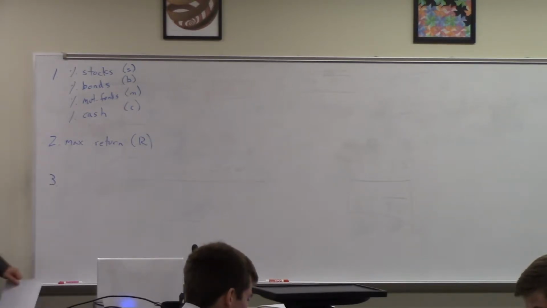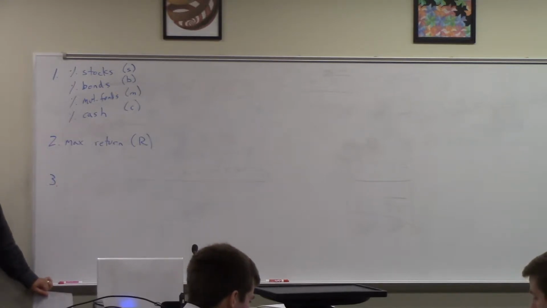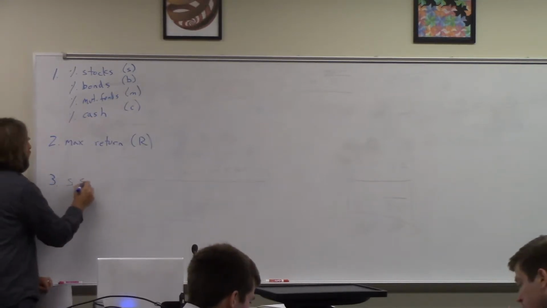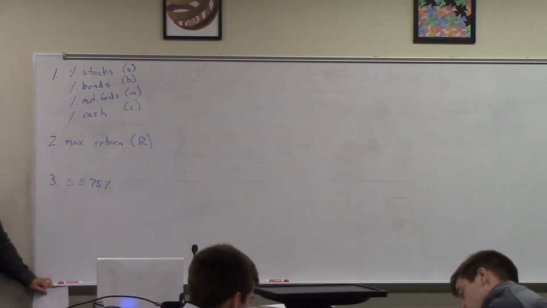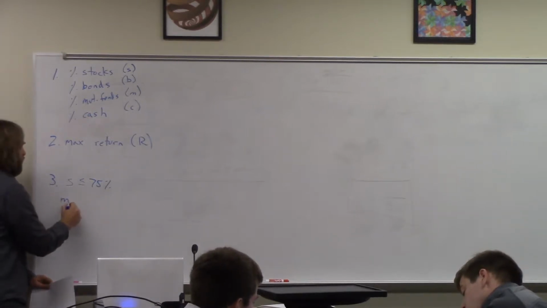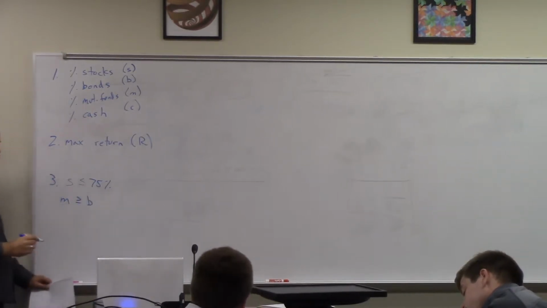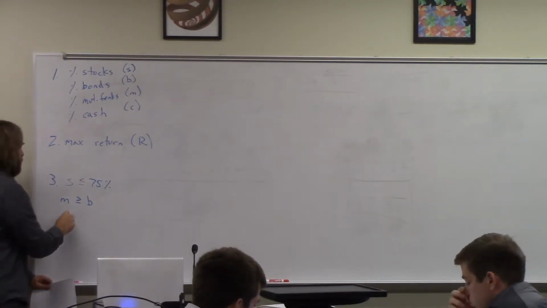So, help me out with some of these constraints. What was one of the constraints? Stocks have to be less than or equal to 75% of investment. All right. Help me out with another constraint here. The mutual funds have to be greater than or equal to the bonds. All right. Another constraint over here. Cash is greater than or equal to 10%.